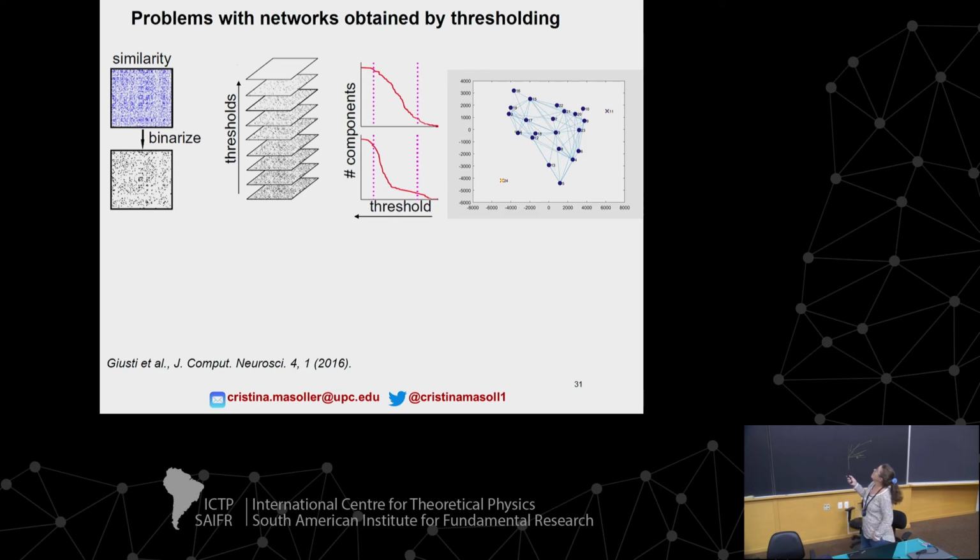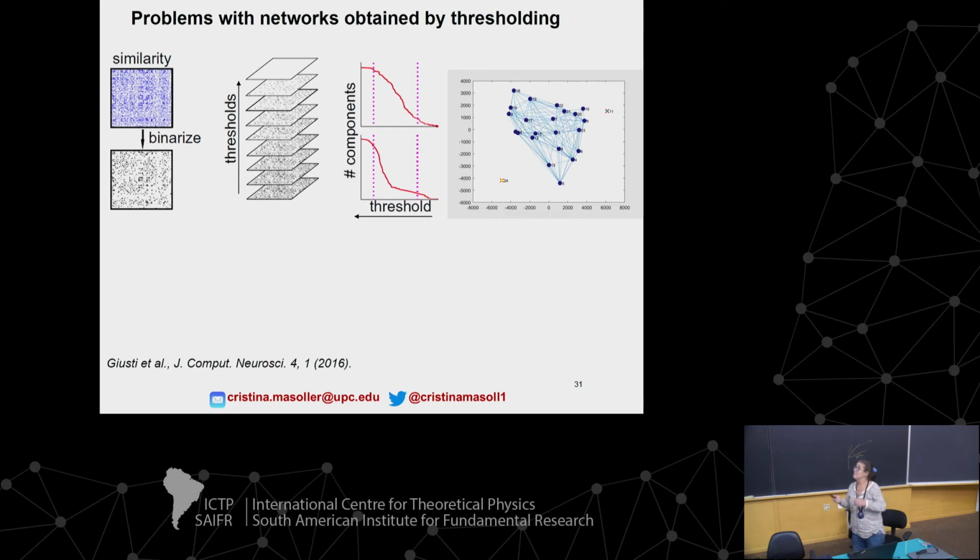Now, how this depends on the threshold will vary if you have different networks. Let's say network A, from brain signals of a healthy patient, is like this, and if the person has Alzheimer's, let's say it's like this.